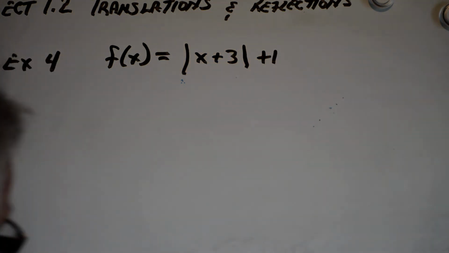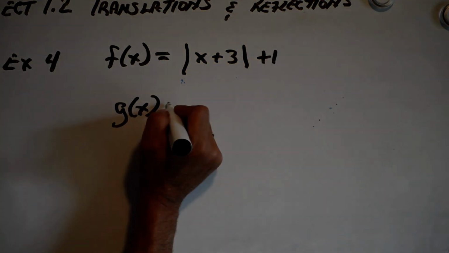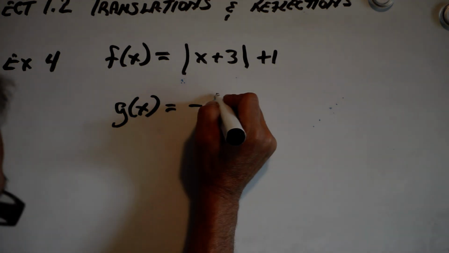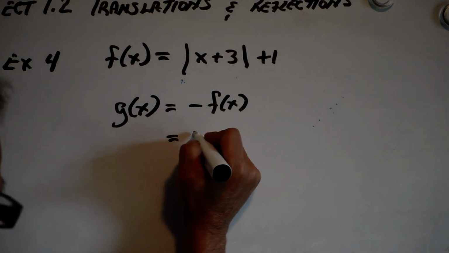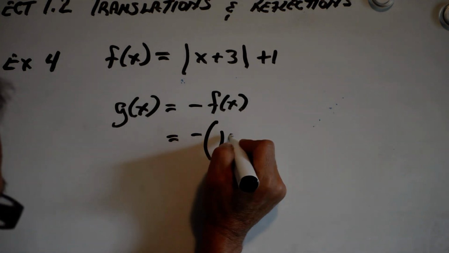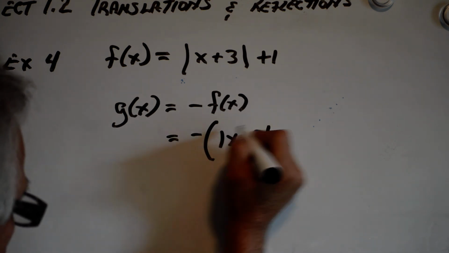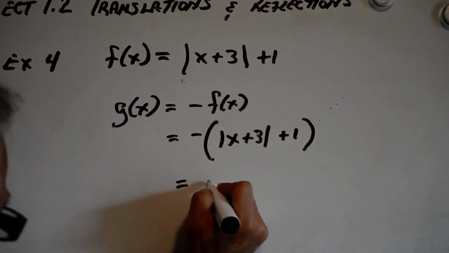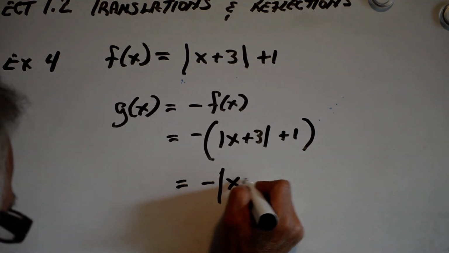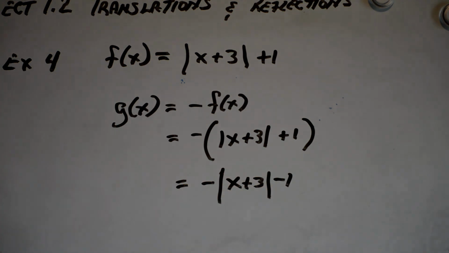And again, we want to reflect that about the x-axis, so g of x is equal to the negative f of x. So this is equal to the negative of the absolute value of x plus 3 plus 1. So that's equal to the negative absolute value of x plus 3 minus 1.